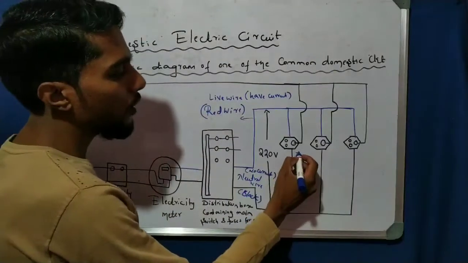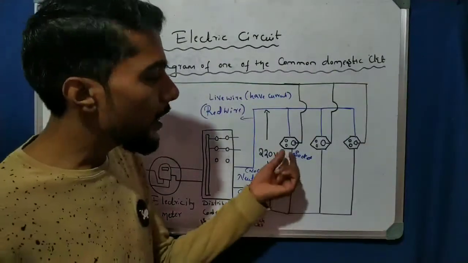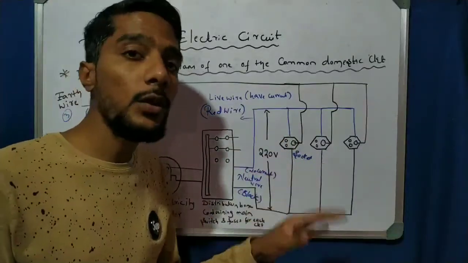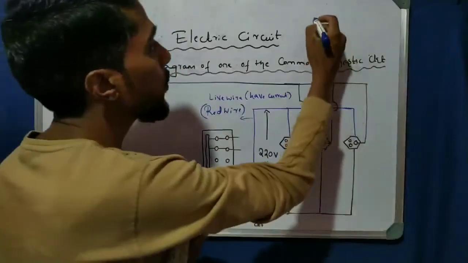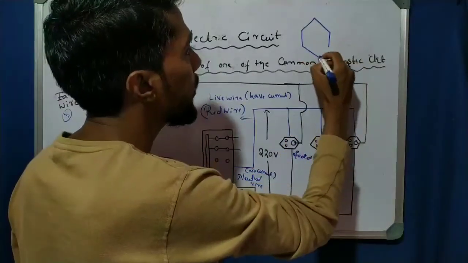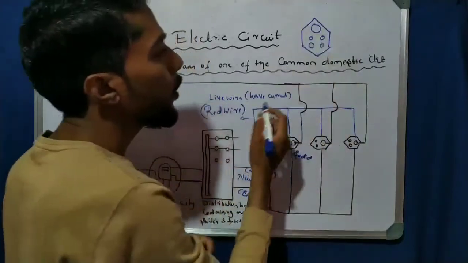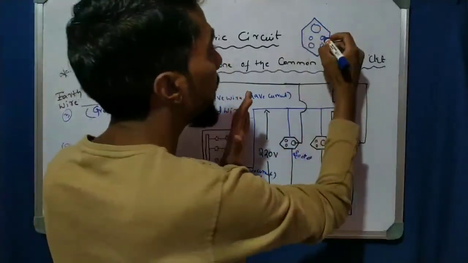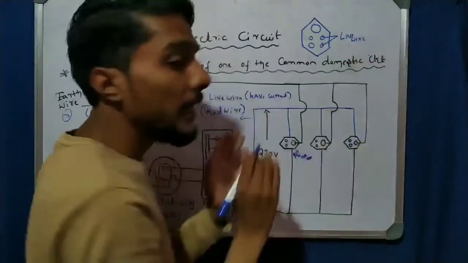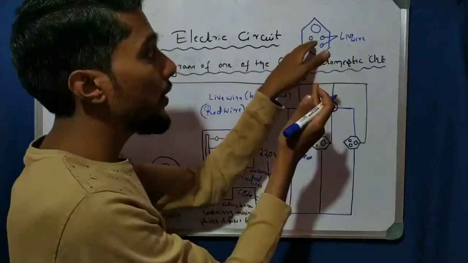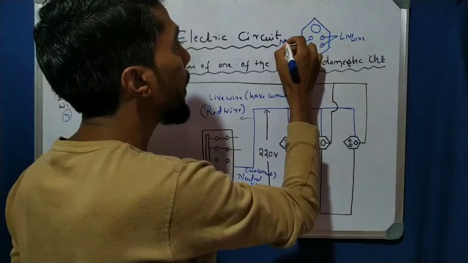These are the sockets. Different types of sockets are there. We observe small holes and big holes. The holes on the right side are connected to the live wire, and the holes on the left side are connected to the neutral wire.